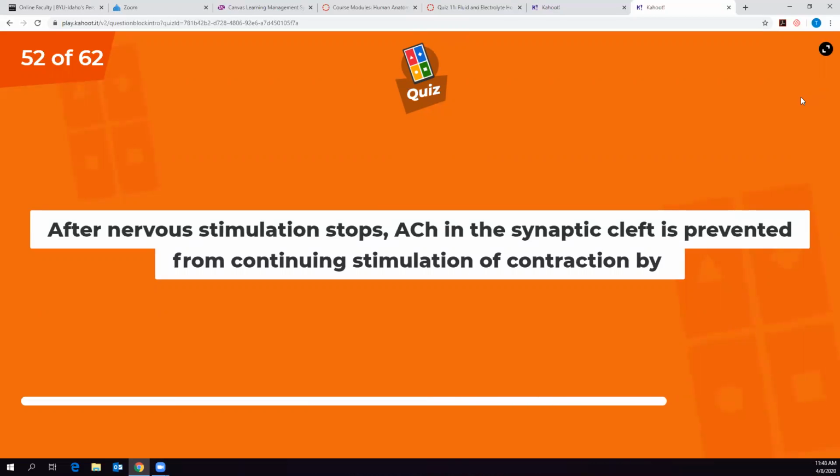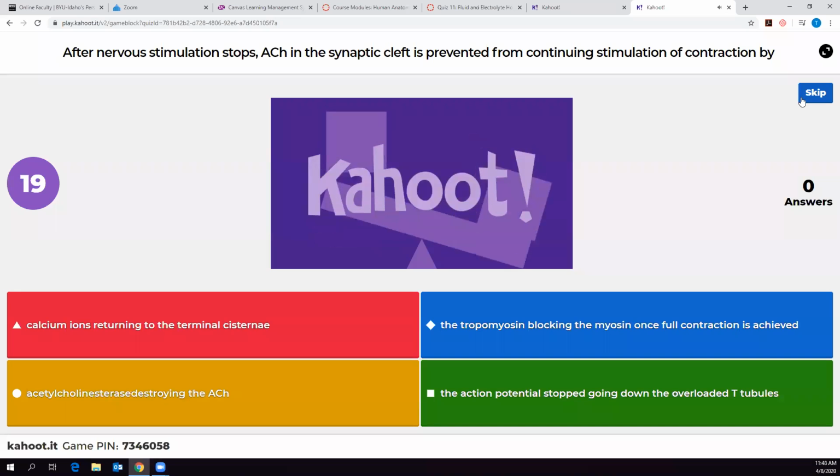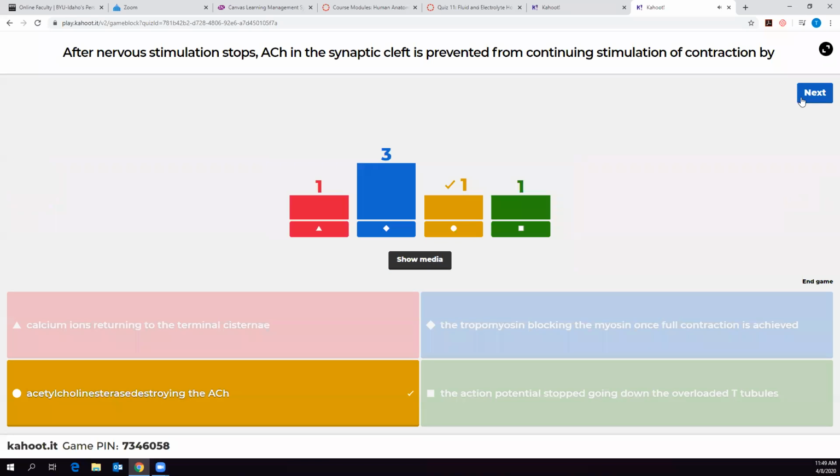After nervous stimulation stops, ACh in the cleft is prevented from continuing stimulation of contraction by... Sorry, there should be a space in there.